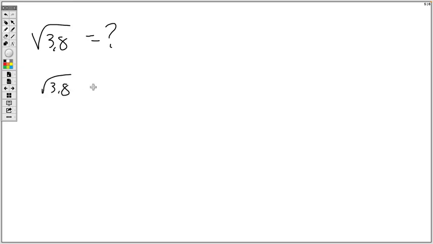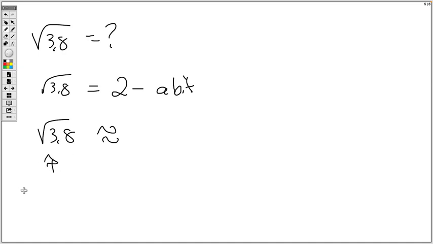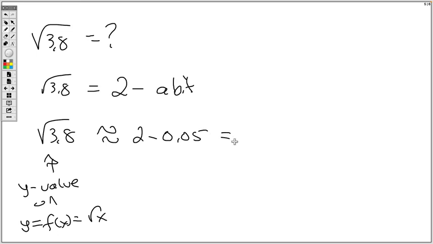You follow? So we wanted to know what was the square root of 3.8? We knew from continuity it should be 2 minus a little bit. So what did we do? The square root of 3.8 is roughly equal to, so this is the y value on y equals f of x equals root x, 2 minus 0.05, 1.95.